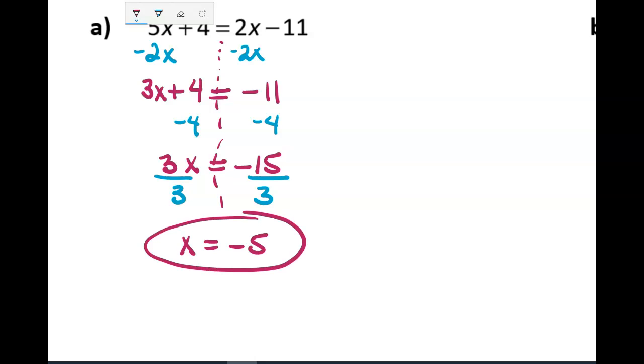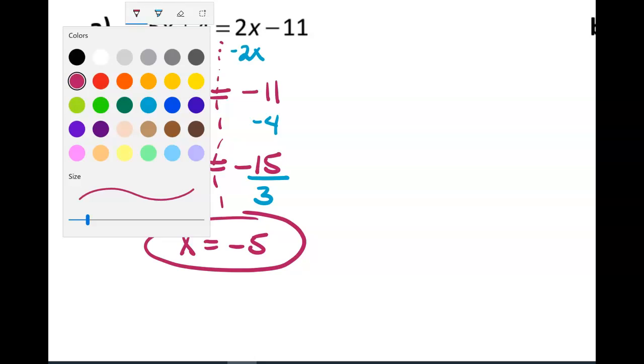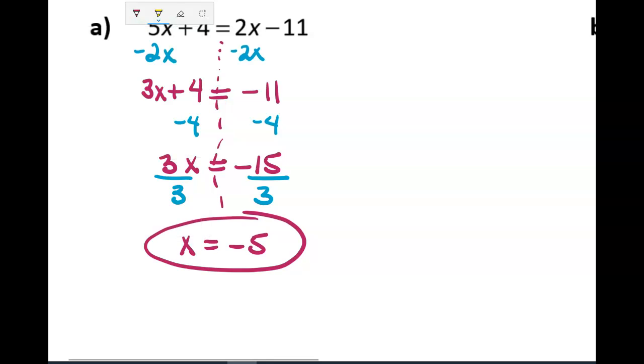What's important to realize is that all of these steps are what are considered equivalent equations. All of these equations are made true by the value x equal to negative 5.